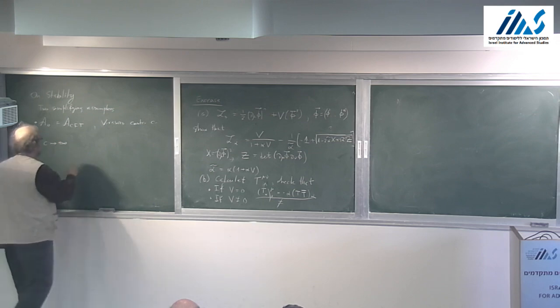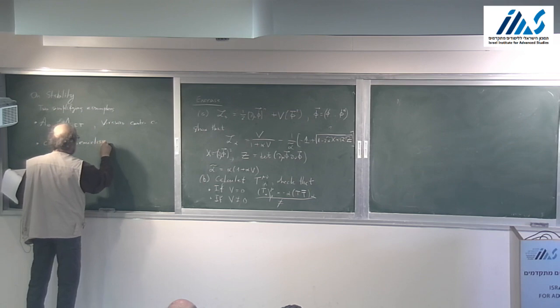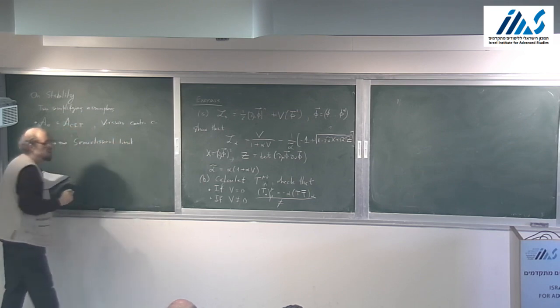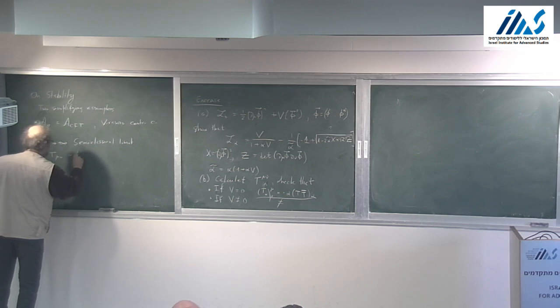This is the semi-classical limit, because in this limit the components of the energy momentum tensor, T mu nu, become a classical field.